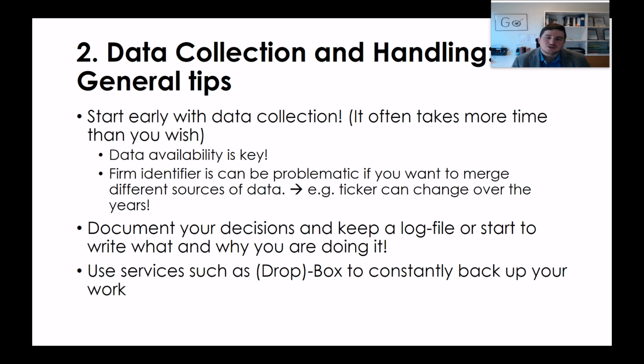You might need it to merge with other databases. For example, ticker is one of these things where you need to be extra careful, or even try to avoid it, because they can change over time and over years. And ISIN numbers are also sometimes cumbersome. So you need to pay extra attention that you don't merge the firms with the wrong data.